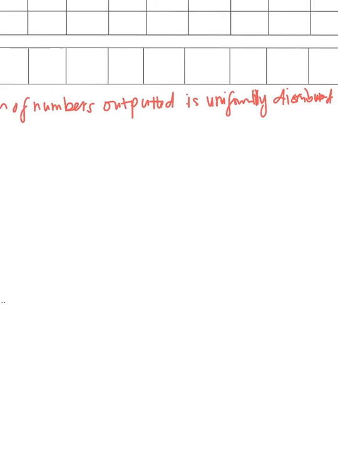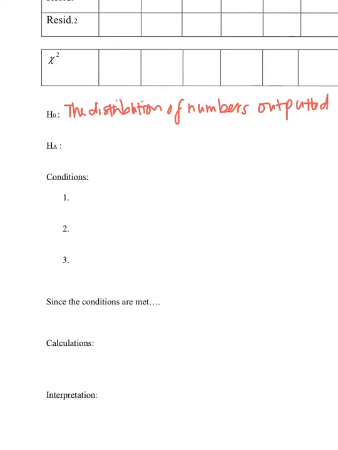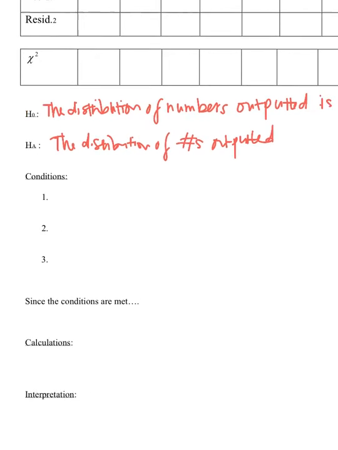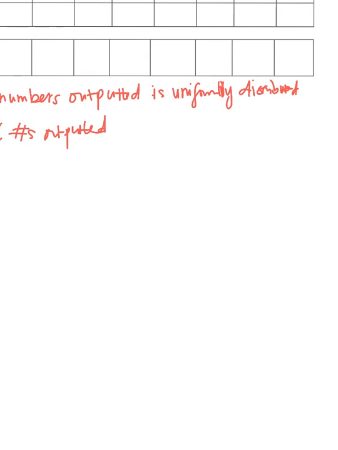All right, so since that is my null hypothesis, my alternative is that the distribution of numbers outputted is not uniformly distributed.